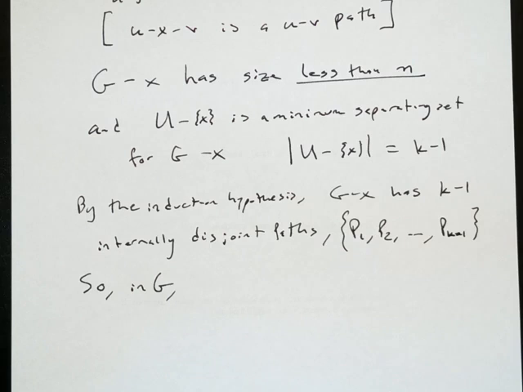What I need to show is that there's a kth path in G. There are only K minus 1 of them there. I want K of them in G. Where's my missing path?